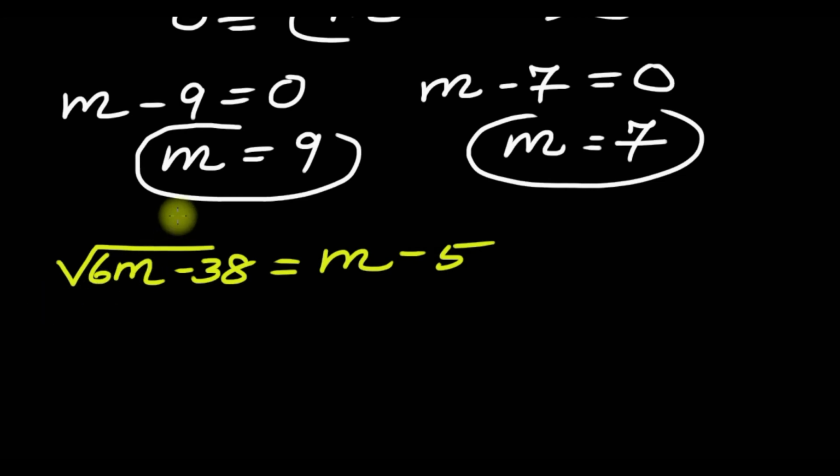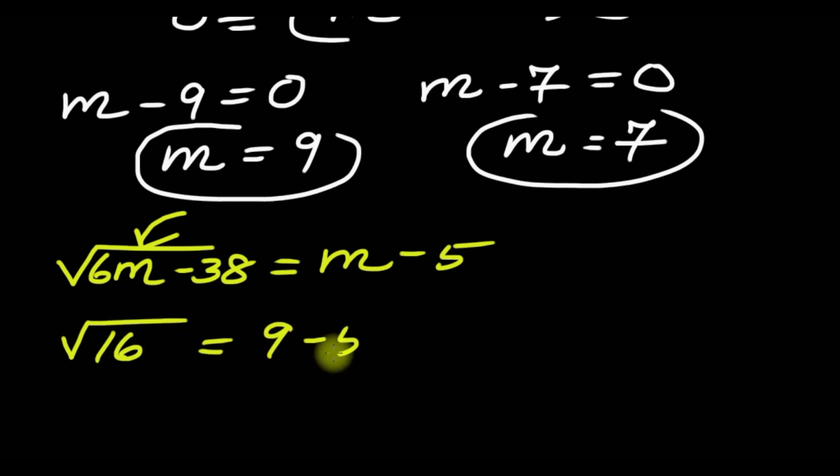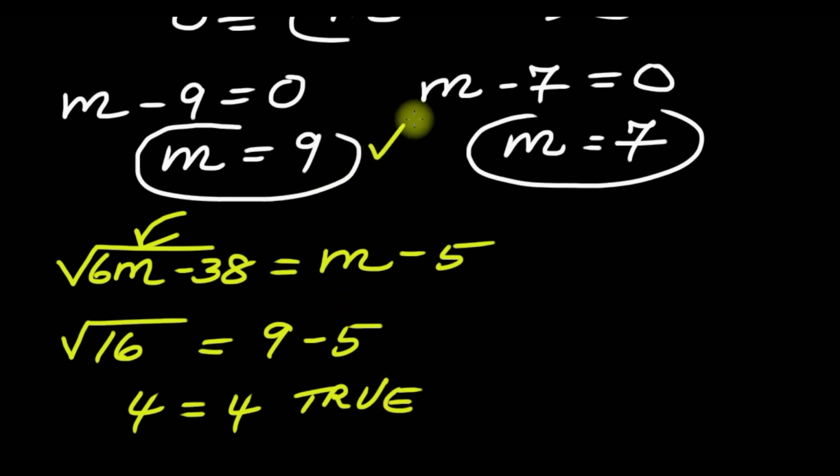Okay, so here 9 is going to go in there. 6 times 9 is 54. 54 minus 38 is 16. And then here would be 9 take away 5. So 4 is 4. So that is true. So therefore, this is good.